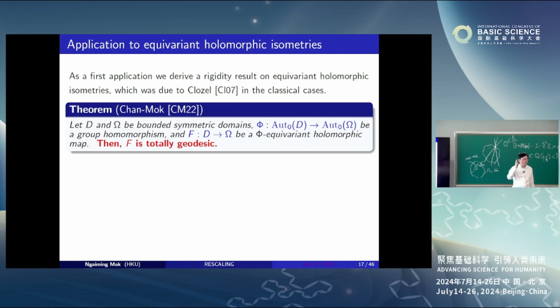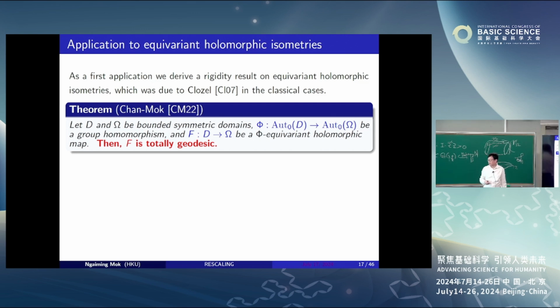Sometimes in our mind, we don't make a distinction between total geodesy and isometry, but they're different. Right? So then he could prove, making use of Lie theory, that this is indeed the case when it is equivariant. However, the argument he used actually failed in the case of exceptional domains. The statements are false in the exceptional domain case.